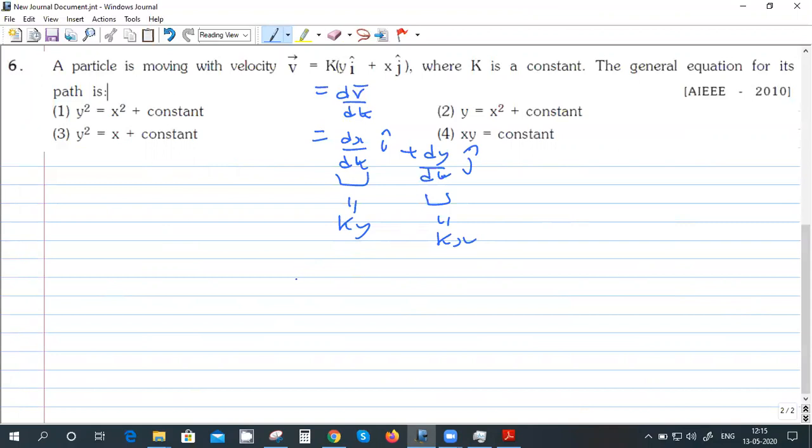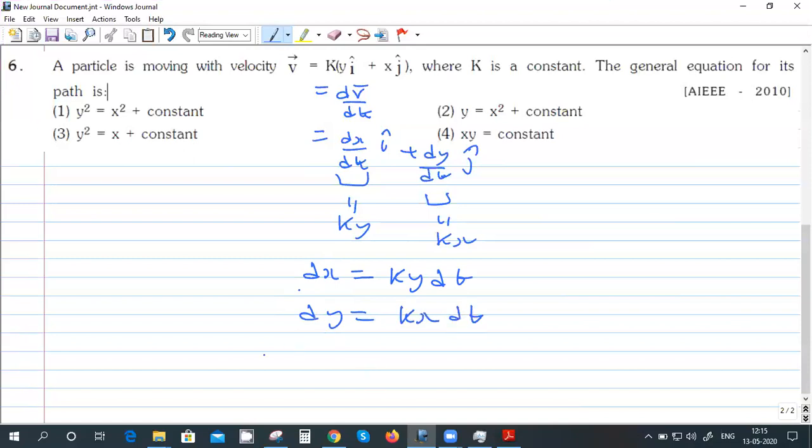dx by dt. dx equal to ky dt, dy equal to kx dt.